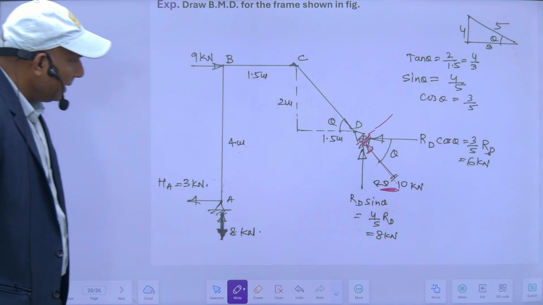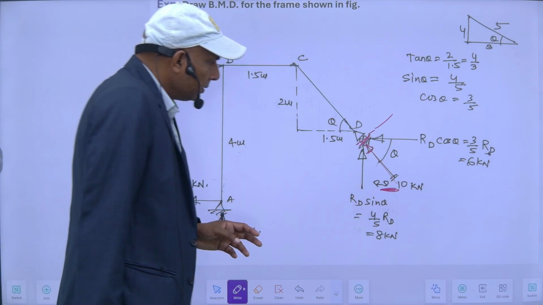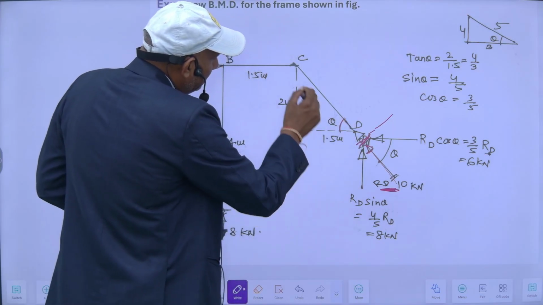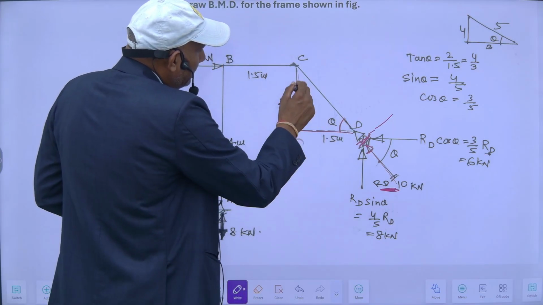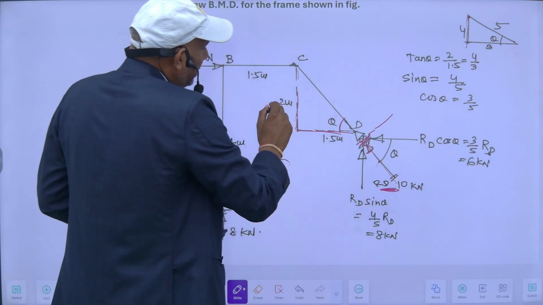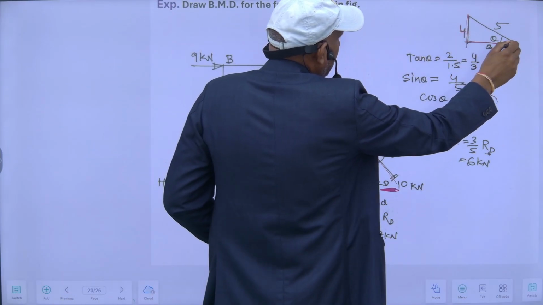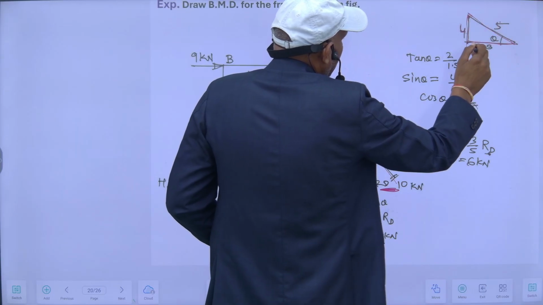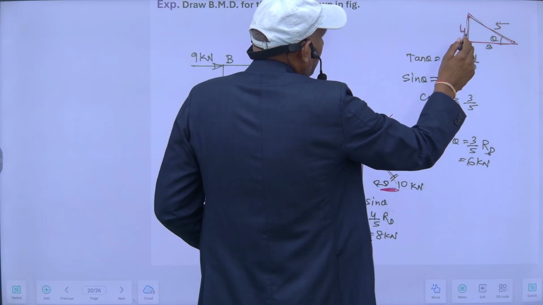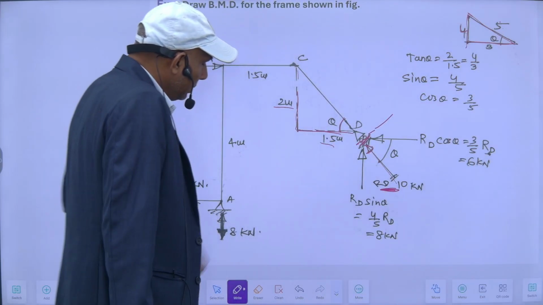So for finding the reactions, suppose I am taking moment here. Suppose this is theta. This is a triangle, this is 2, this is 1.5. If I multiply it by 2, it will be 3, 4, and this will be 3, and this will be 5. So sin theta will be 4 by 5, and cos theta will be 3 by 5.